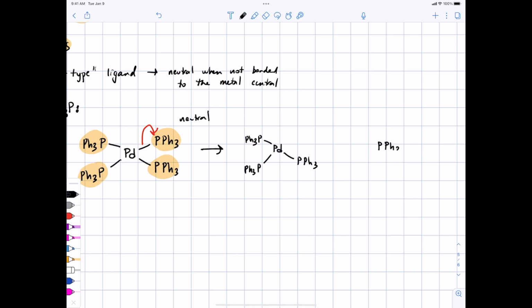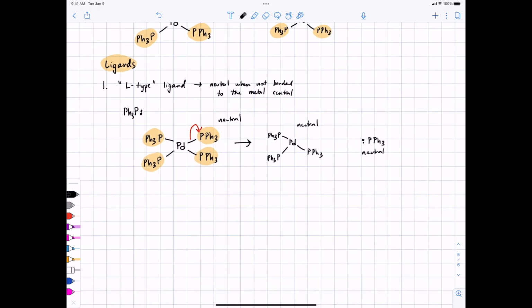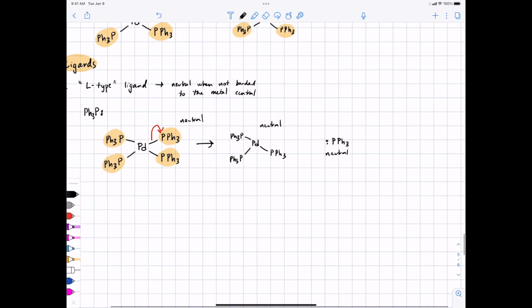The complex is still neutral, and the thing that left is still neutral. All right. The pattern for L-type ligands is typically lone pairs or pi bonds, pi electrons that coordinate the metal.